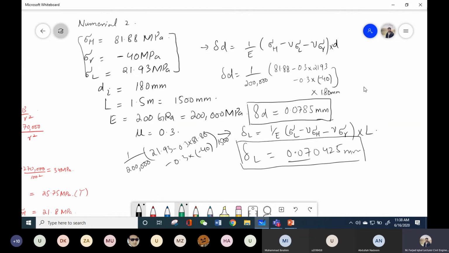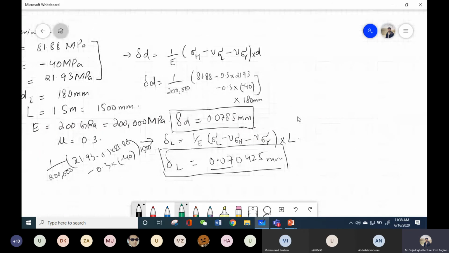So the whole story will revolve around these 5 or 6 formulations, both in the case of thick cylinder and thin cylinder. So try to review the whole topic, and if you have any questions, you can ask me. So this concludes our topic of thick and thin cylinders. And now we will move on to our next topic, which is eccentric column.